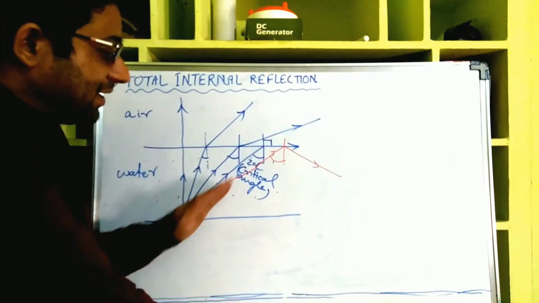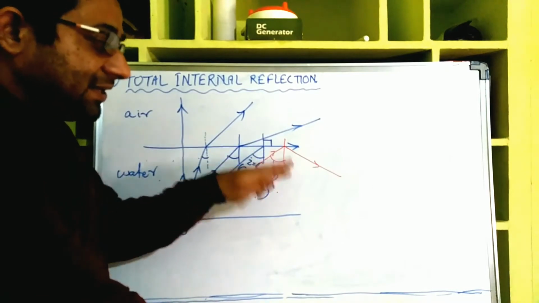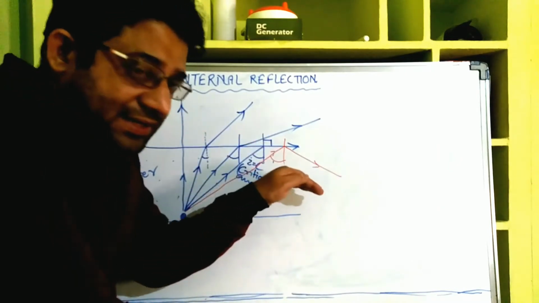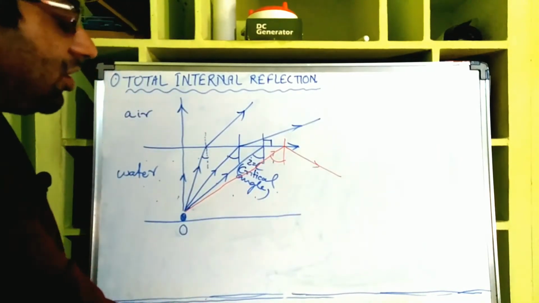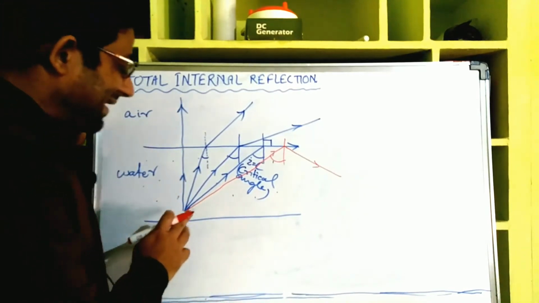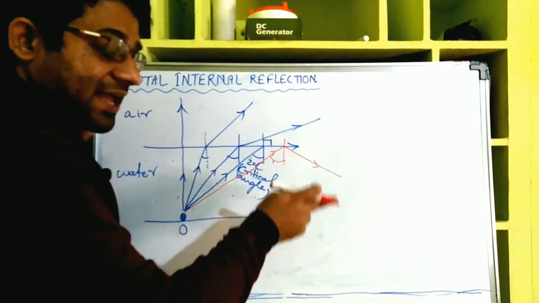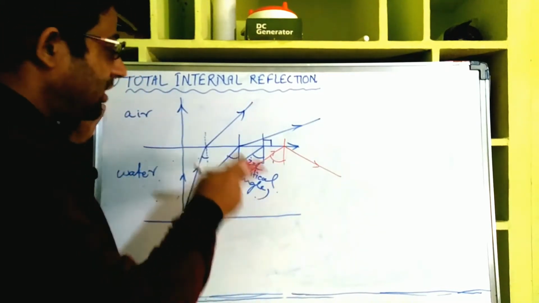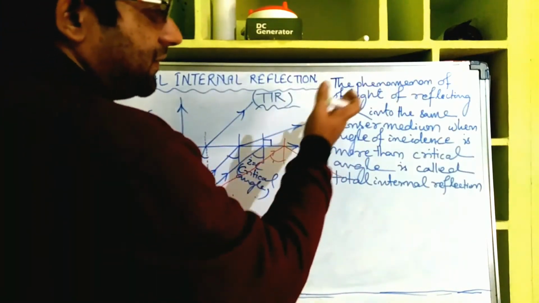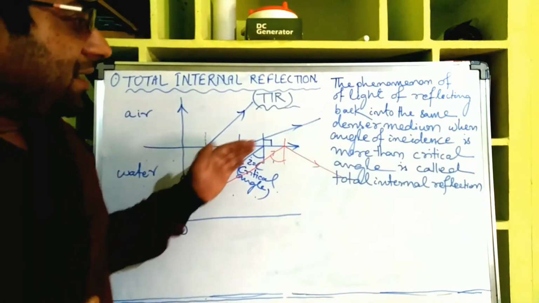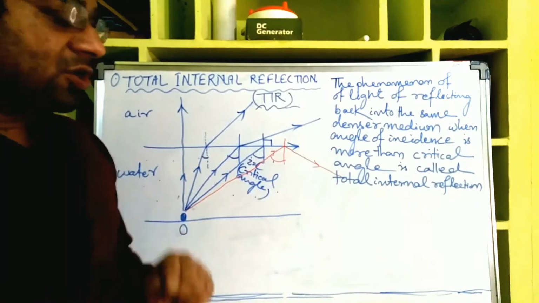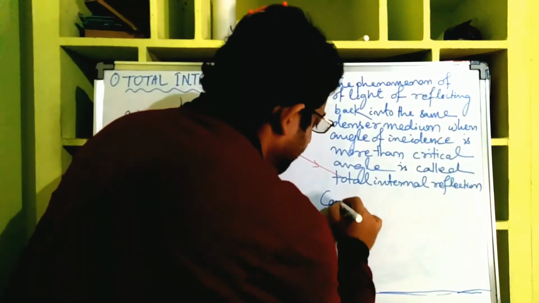However, if the angle of incidence becomes greater than the critical angle, then the incident ray is reflected back into the same medium, obeying the laws of reflection. This phenomenon, where the light ray turns back into the same denser medium when the angle of incidence is more than the critical angle, is called total internal reflection.